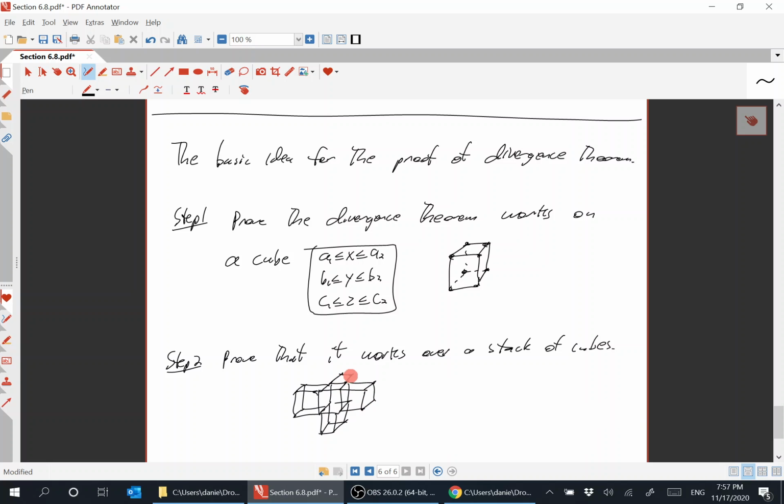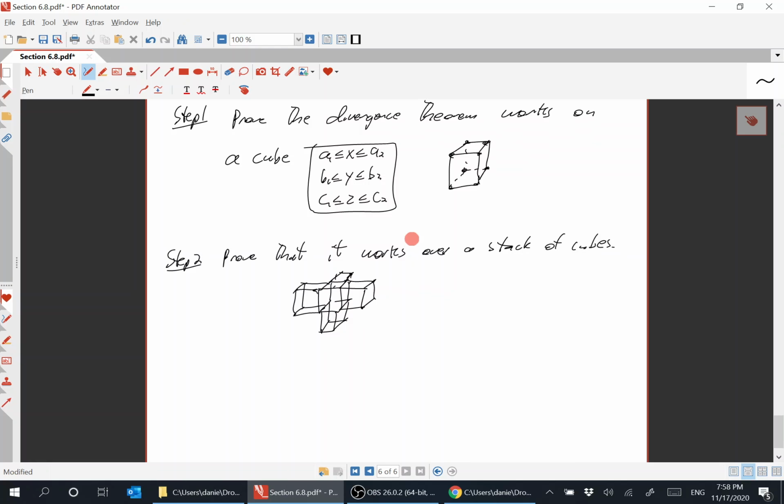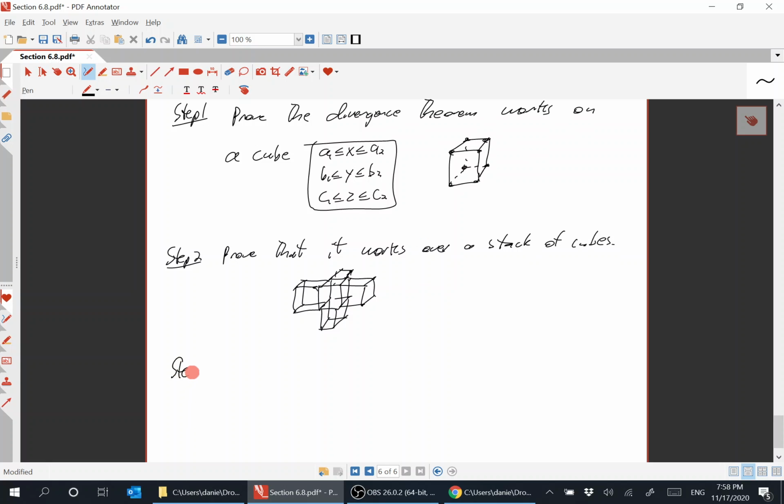And, oh, we got some cubes back there, so on and so forth. And then step 3, any S can be estimated as closely as we'd like using really tiny cubes.